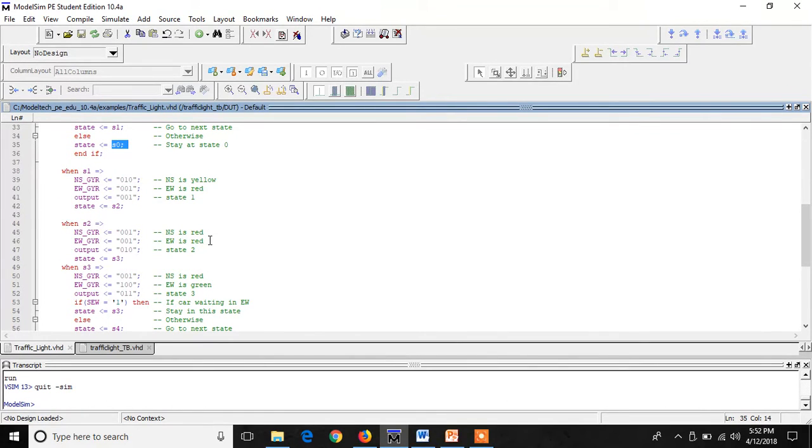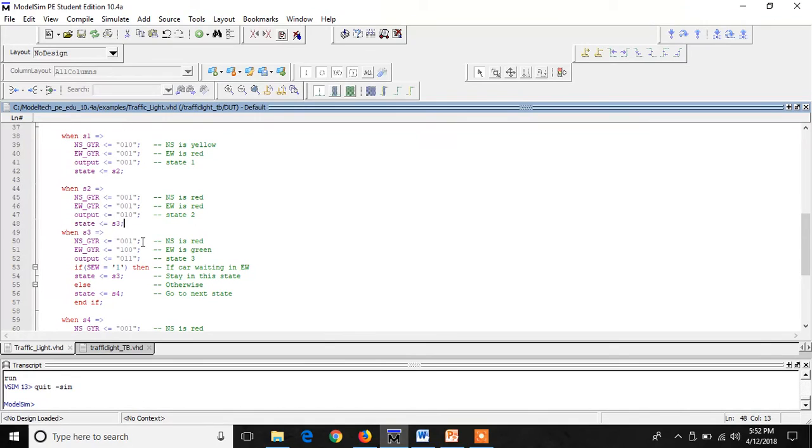North-south is red, east-west is red, and then go to the next state. And then state 3 is north-south is red, east-west is green, and the output is going to be state 3, and as long as there's a car waiting here, it's going to stay here, otherwise it's going to go to the next state.